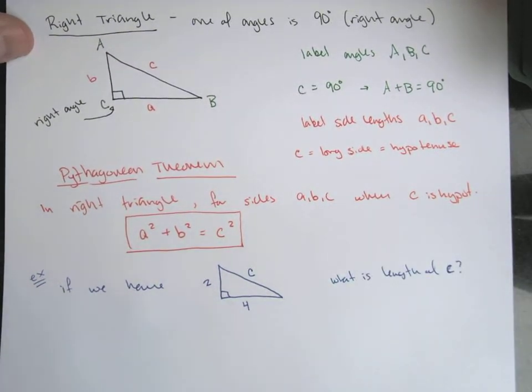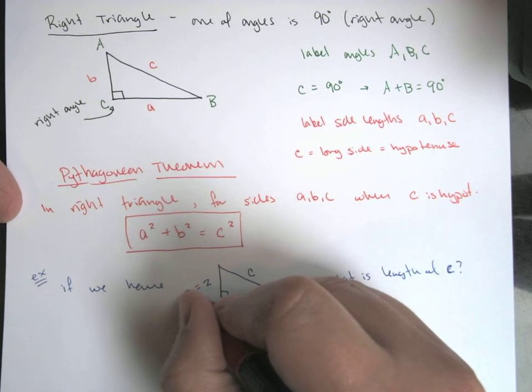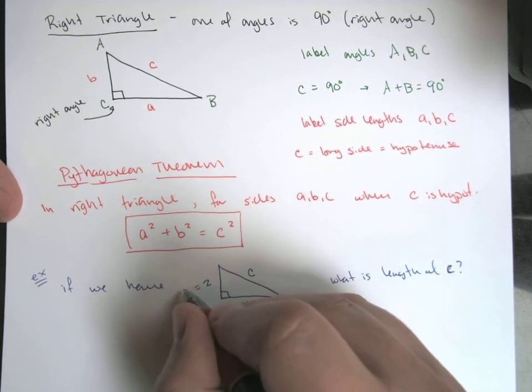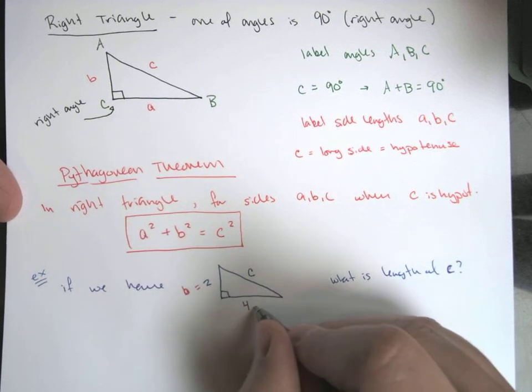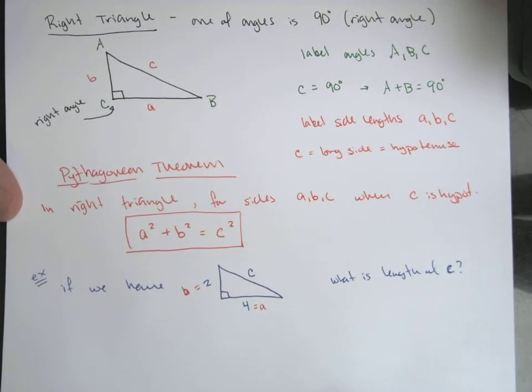So the connection here is 2 and 4 are going to be our lengths A and B. Again, we don't particularly care which is which. I just messed it up. Let's call that one B to be at least consistent with what I drew up top. Again, it doesn't particularly matter.